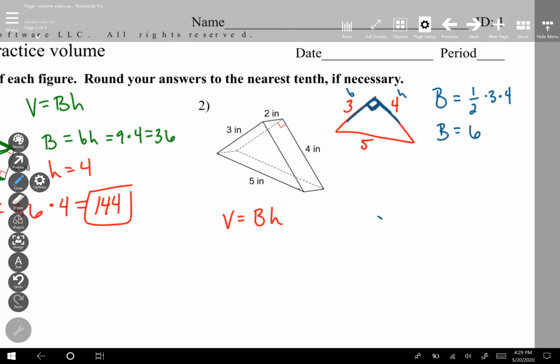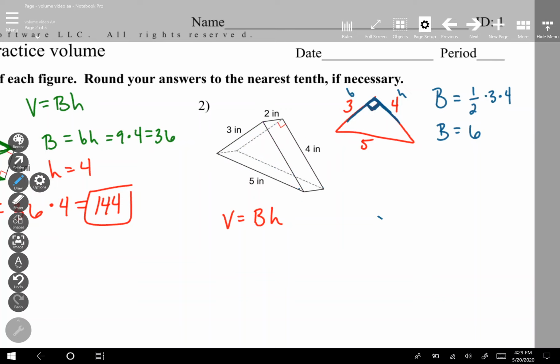Okay, let's figure this out. Let's do 1,620 and divide it by 60. Get 27. So I had to do 60 times 27 to get the 1,620. 60 was my original volume. 27, that's got to deal with our scale factor.